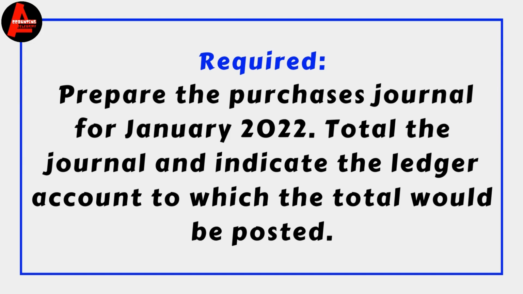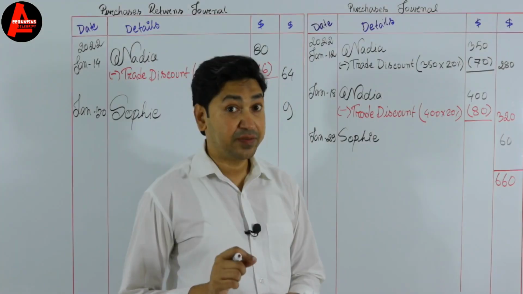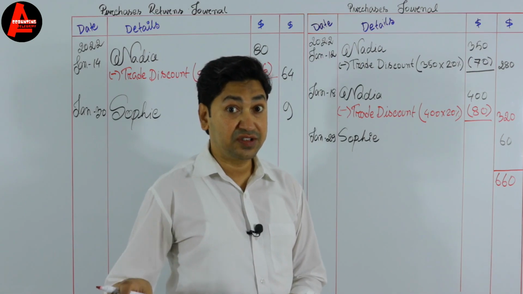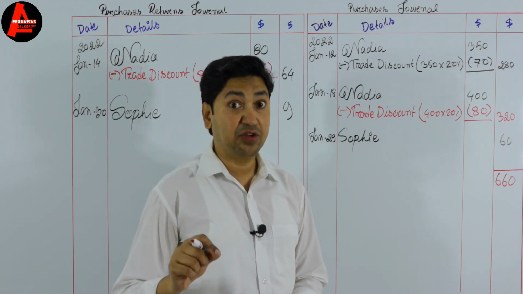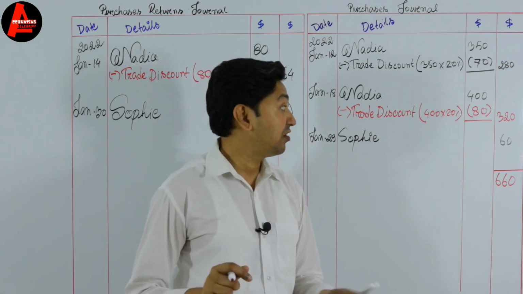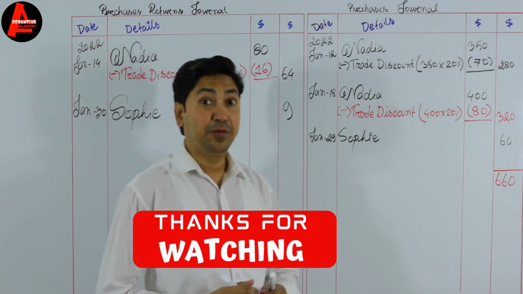It is written: prepare the purchases journal for January 2022. We already prepared that. Then it is written: total the journal, which we totaled, and indicate the ledger account to which the total would be posted. So we need to transfer this total somewhere, and indicate which ledger account this amount will be posted to.